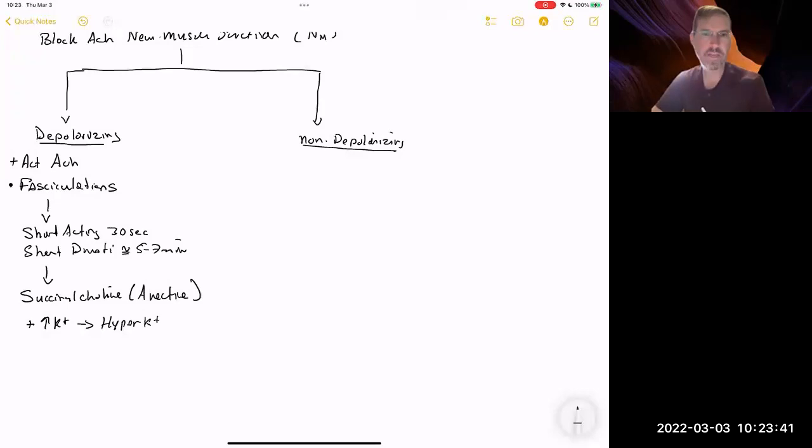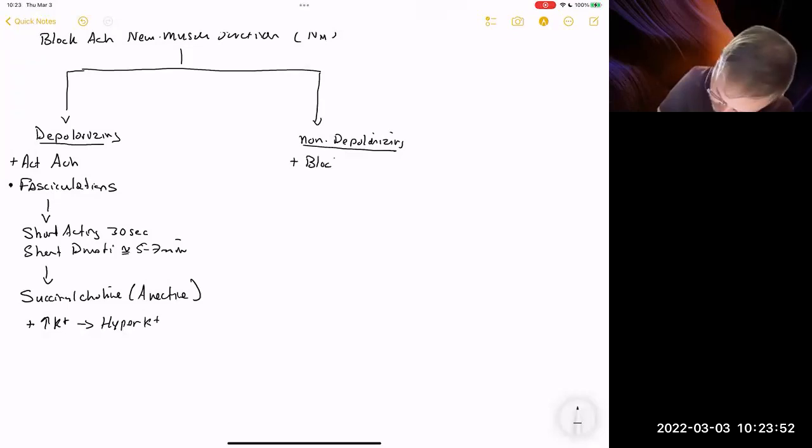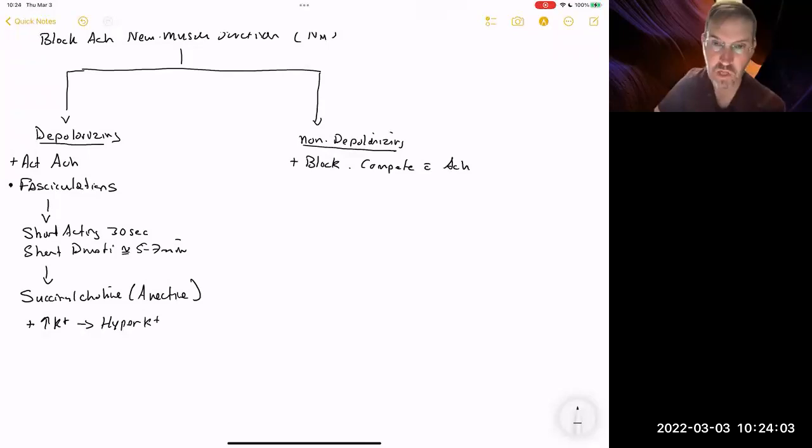Now, the non-depolarizing neuromuscular blockers act very differently. Instead of activating the nicotinic receptors, they block. They actually compete with acetylcholine at the nicotinic receptors. They attach and then they block.